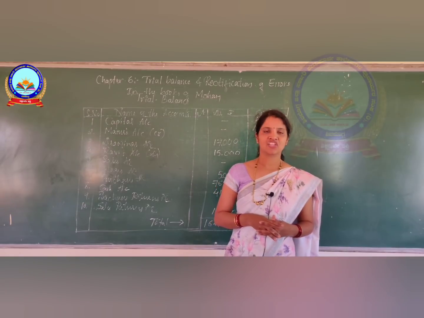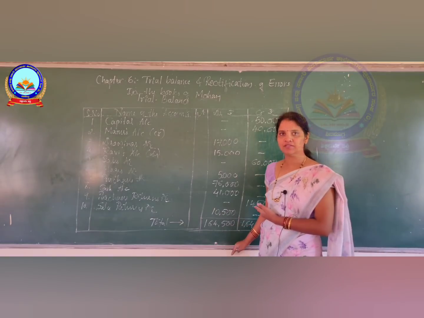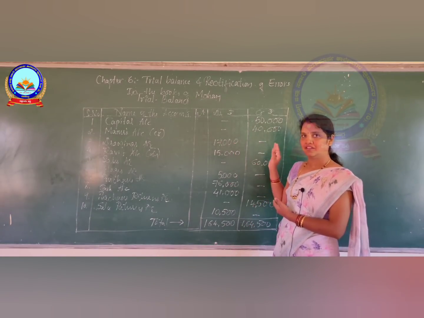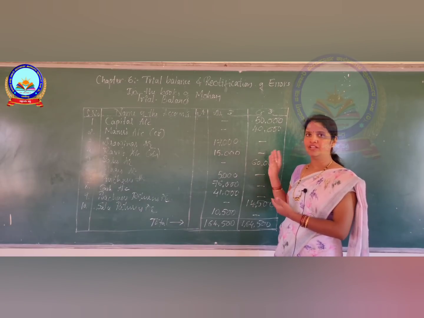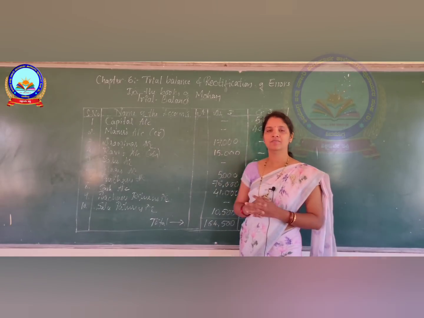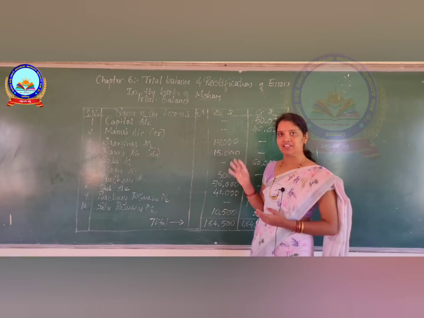How to search these errors? Make the total of the trial balance once, then observe that the balances are kept in a definite place or not, either debit or credit. Check that all the ledger balances are taken here. Check that the correct ledger balance amount is written here.